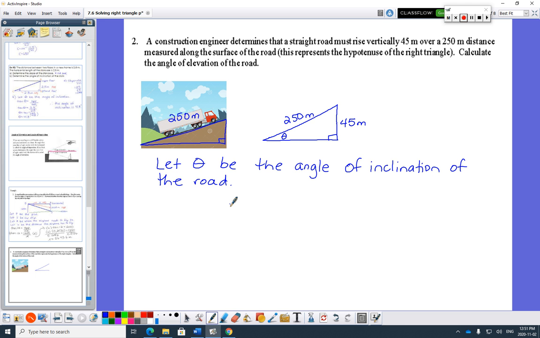Like tan X, sine X, whatever. Okay, so this is across from the right angle. That's the hypotenuse. And then we're going to do theta. So that is the opposite side to theta.